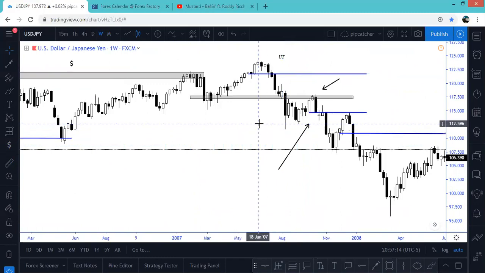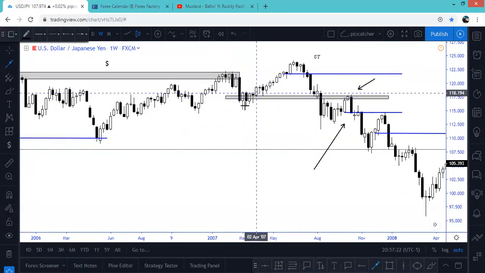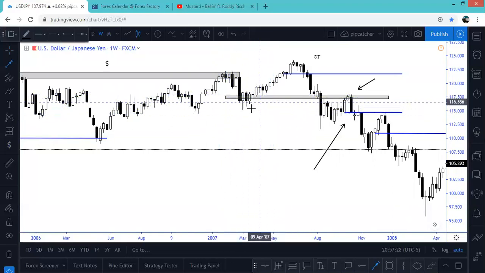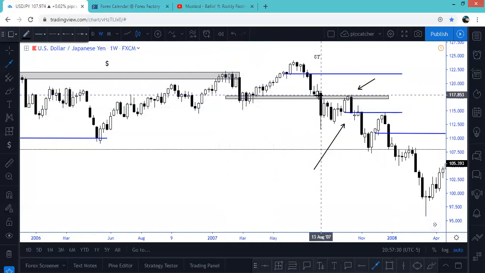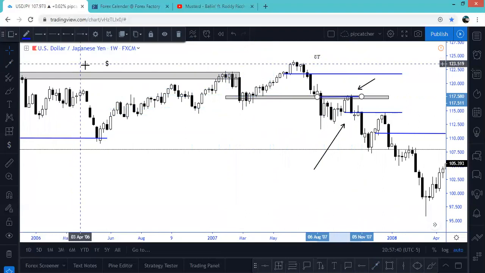So on the weekly time frame, we come down, look right here. See this last up candle where this short-term low got broken, where we were talking about the breaker scenario. Not perfect, but look right here.